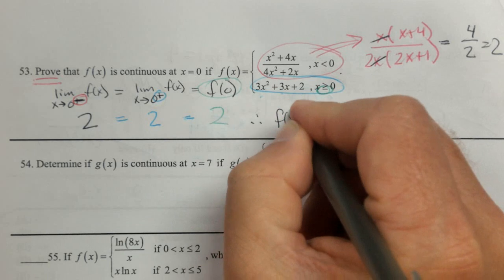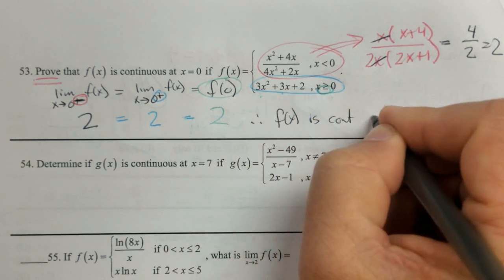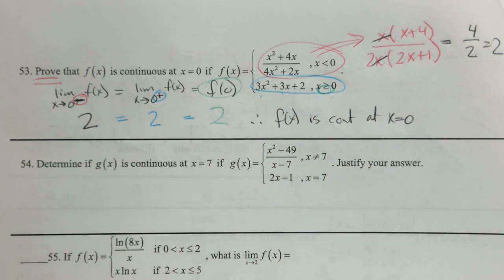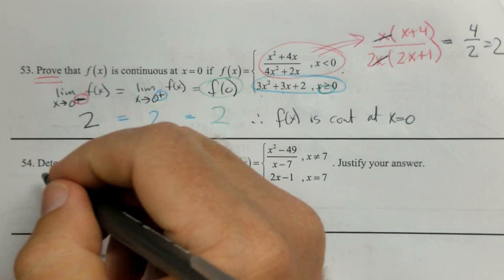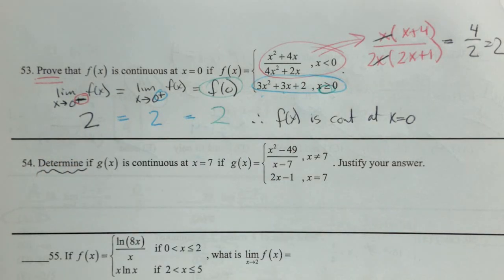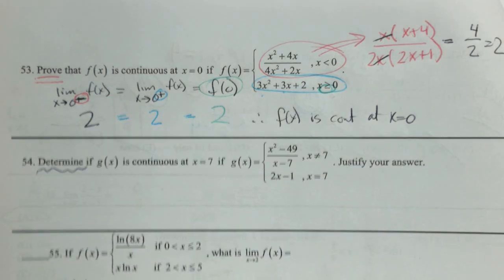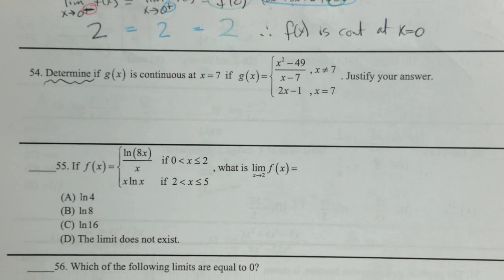Therefore, f of x is continuous at x equals 0. Left limit equals right limit equals function value for a proof. And for a determine, it kind of works the same way. You're going to set it up the same way and then see if it breaks down somewhere. And I think it will. Yeah, it will.